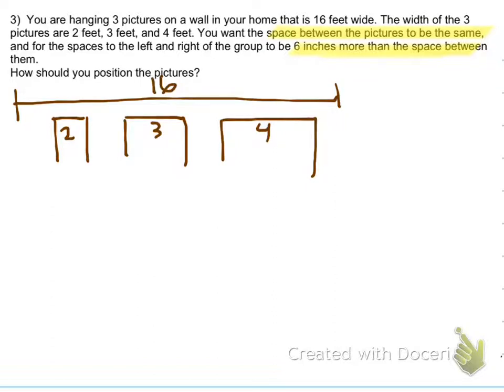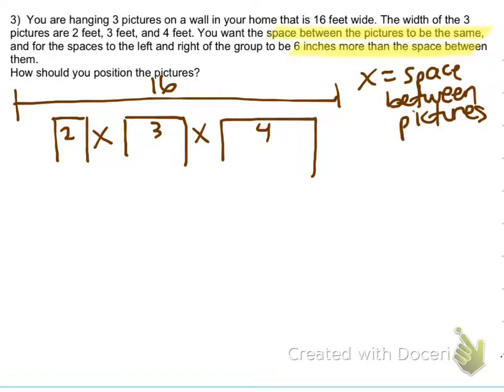The space between the pictures is going to be the same, so we're going to let x be the space between the pictures. But it also says that the space to the left and the right need to be 6 inches more than the space between them. So we are going to add x plus 6, correct?